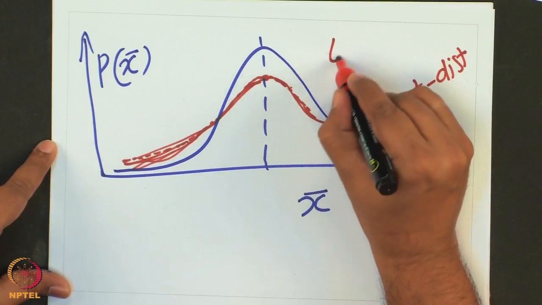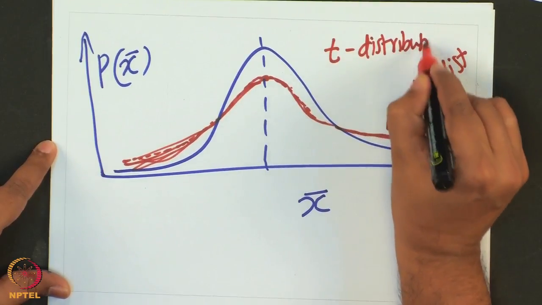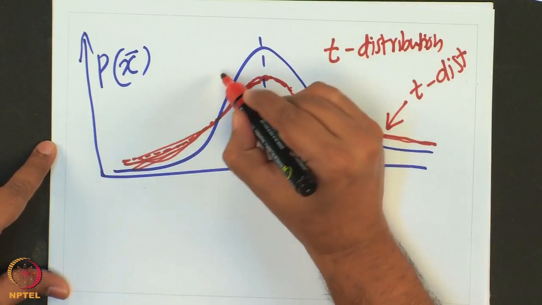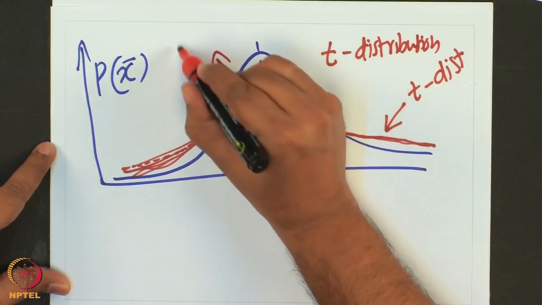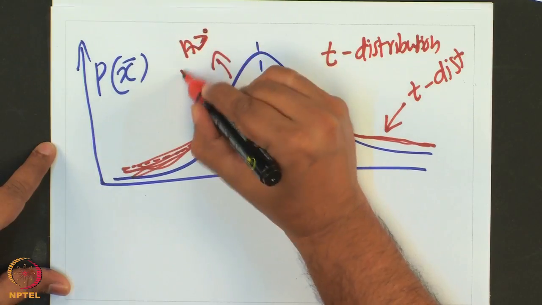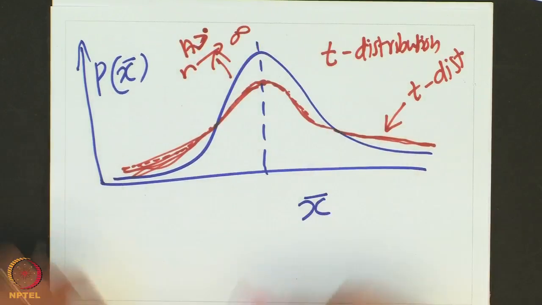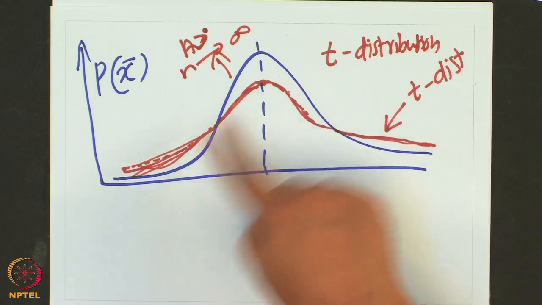The mean will have a normal distribution or a t distribution depending on n. If n is very large, n going to infinity, you will have a blue curve, and if n is very small, you will have a t distribution. This is the thing that we know. So, let us first think of normal distribution, then we will think about t distribution.